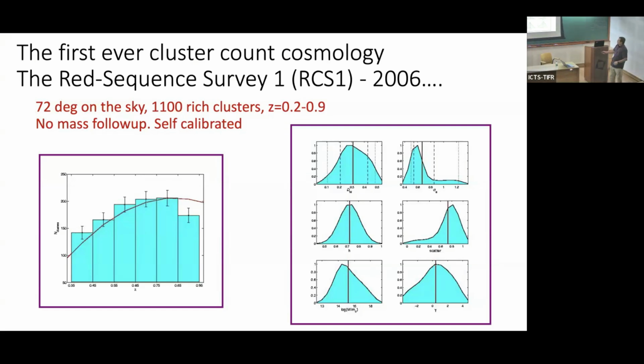This was something that I was involved in, of course, and we got some parameter constraints. These were the first results that came out counting numbers of clusters. And it showed that cluster counts actually work, because the parameters that came out agreed with everything. We could do something called self-calibration over here. But from 2006 till eROSITA, there has not been much done with cluster counts.